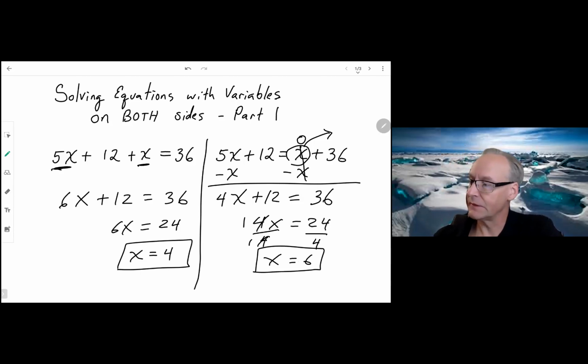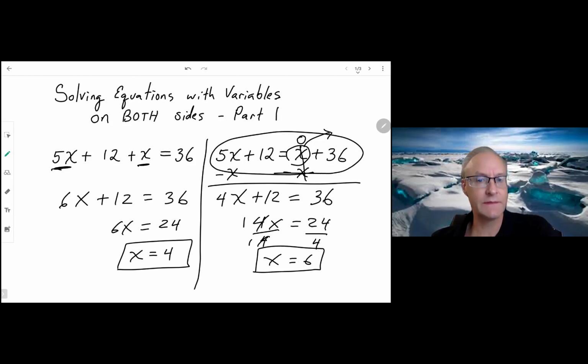When you have variables on both sides, keep in mind, the most common error I see is students, after they've done these type of equations for a while, the ones that are on the right here, and then they see an equation like this one on the left, and they think, oh, I want to get rid of this x. And then they say, oh, I'm going to get rid of this x, and it's all good. This is wrong, absolutely wrong.